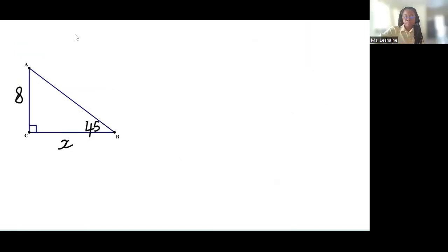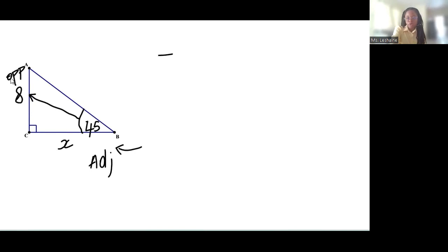So for this example, I am presented with another right angle triangle with an angle of 45 degrees. Now, directly opposite to that angle is an 8. So we know that this is the opposite side that is presented to us. And down here, adjacent to the angle, I have an X. So I have the opposite and I have the adjacent.